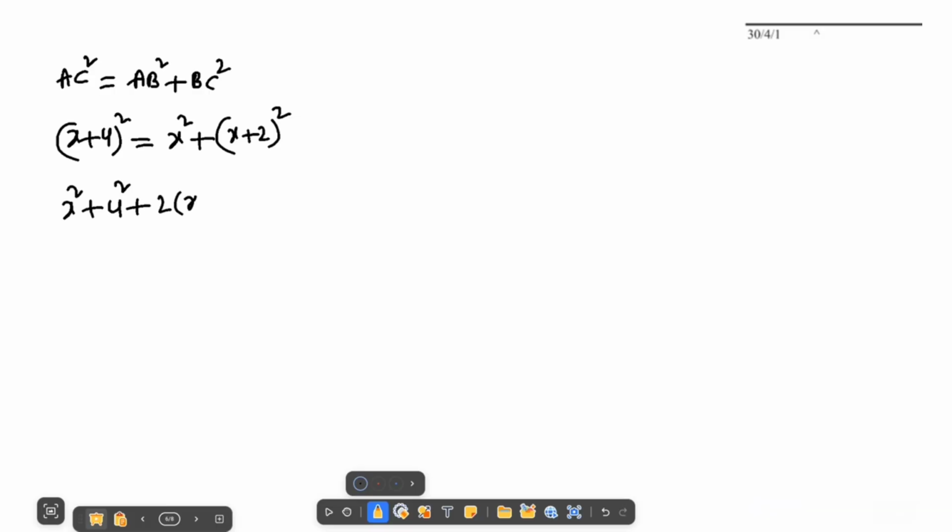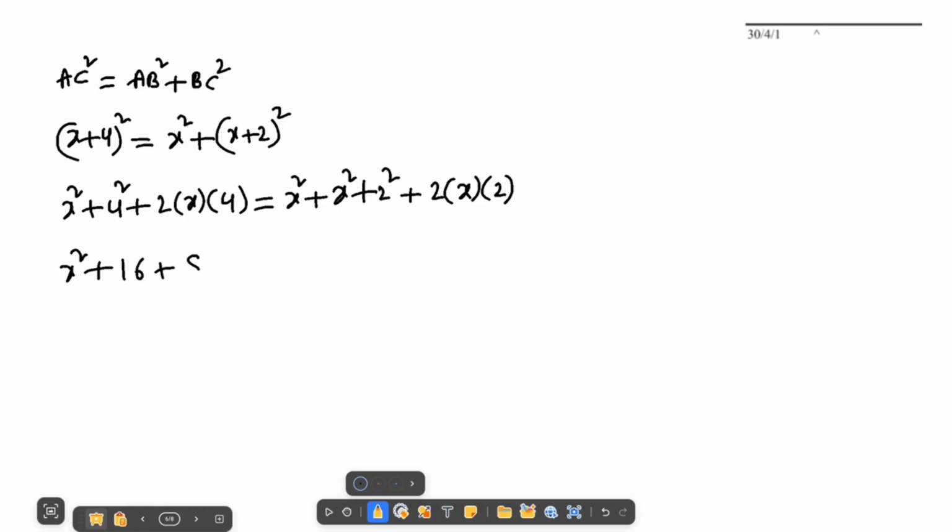That gives x square plus 4 square, which is 16, plus 2 into x into 4, which is 8x. Now expand x plus 2 whole square with the same formula: x square plus 2 square, which is 4, plus 2 into x into 2, which is 4x.